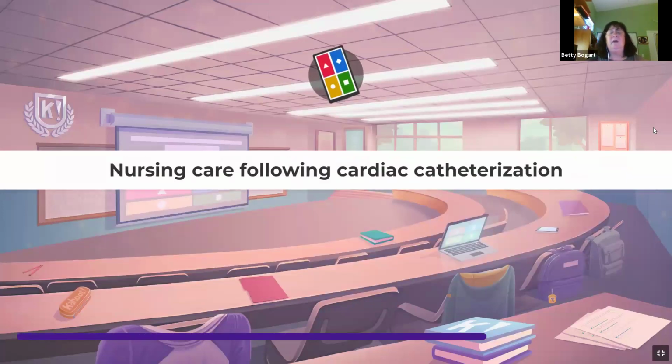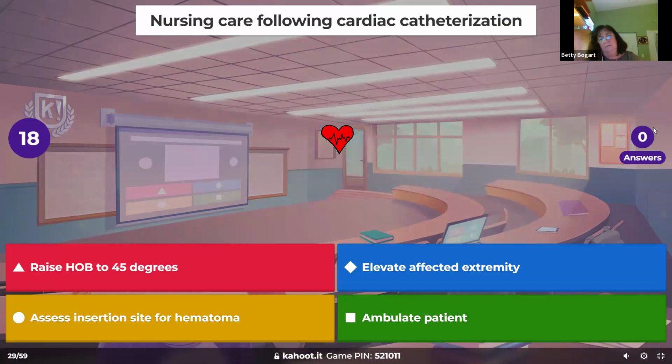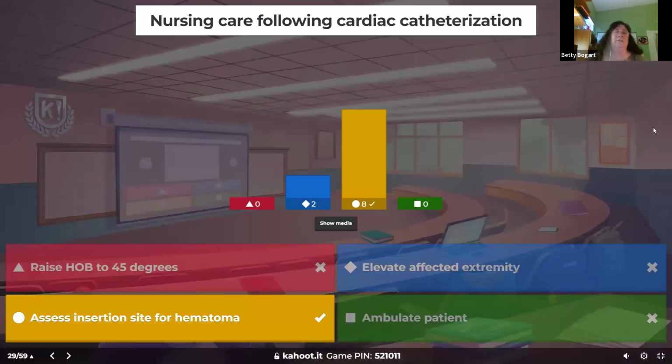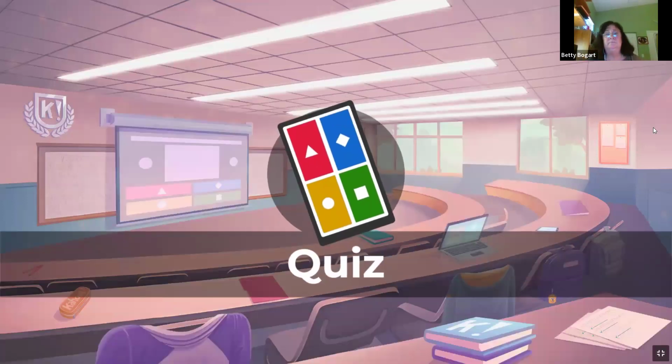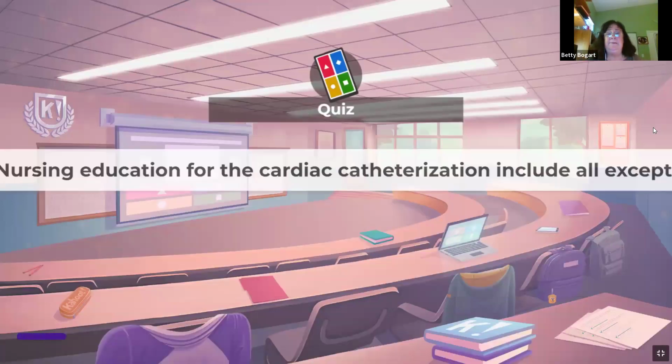Nursing care following a cardiac catheterization. So this is all about looking at the dressing. You are not going to do anything to that extremity. You're going to keep it straight and flat. They're not out of bed for 24 hours, bed rest. A multi.